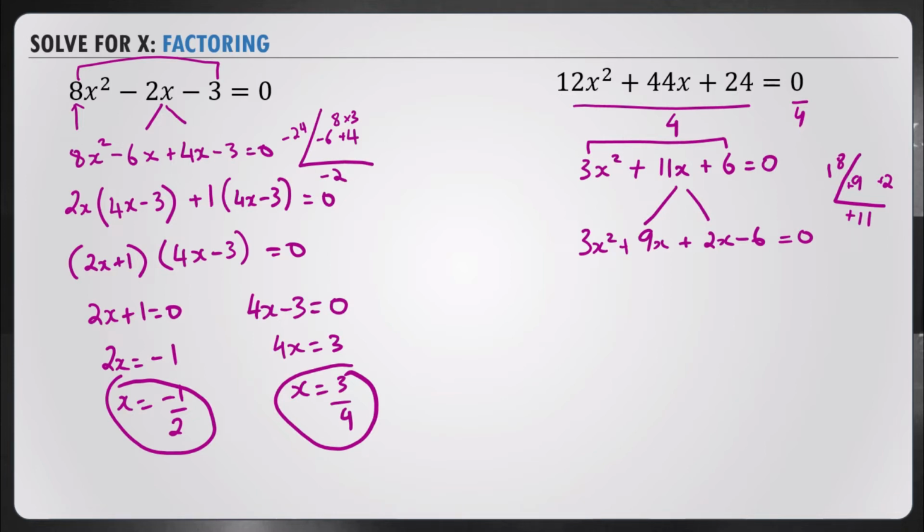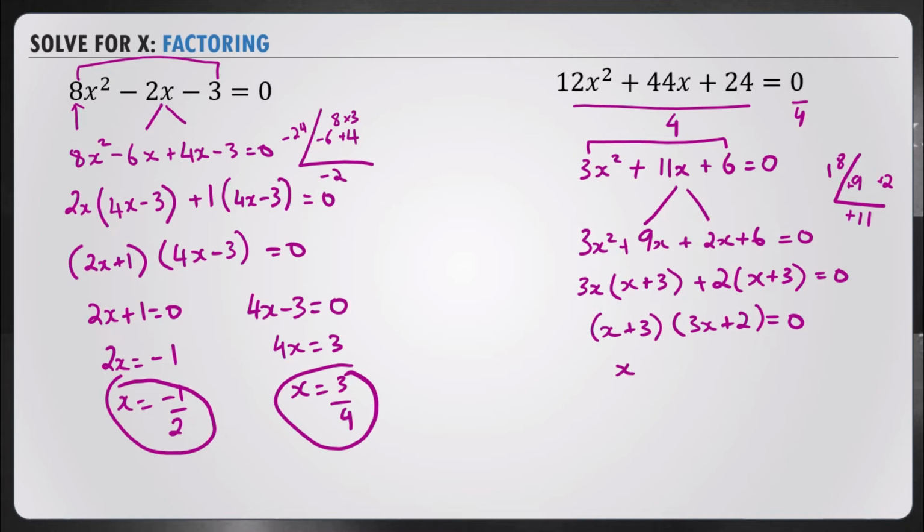We get 3x out here, x plus 3, plus 2 outside, x plus 3, is equal to 0. Then we have x plus 3, 3x plus 2 is equal to 0.